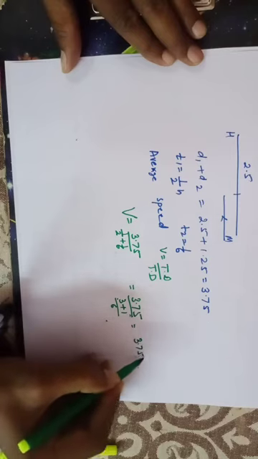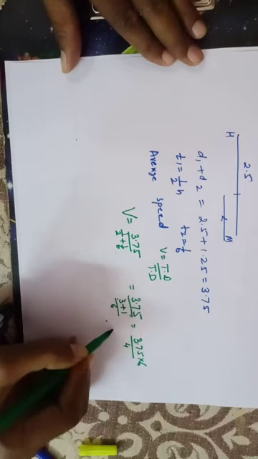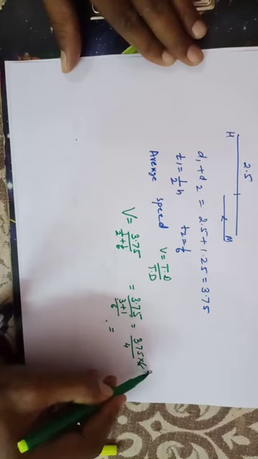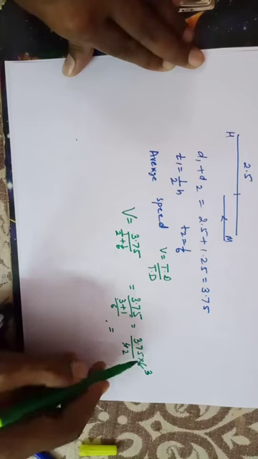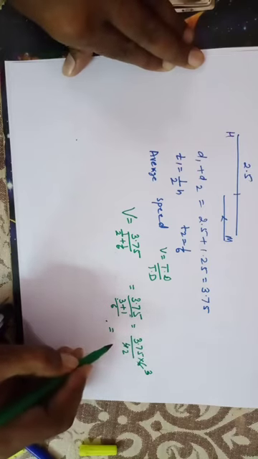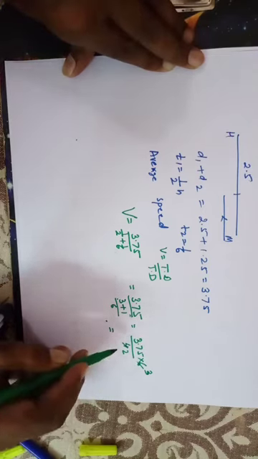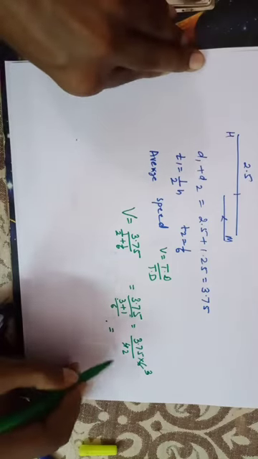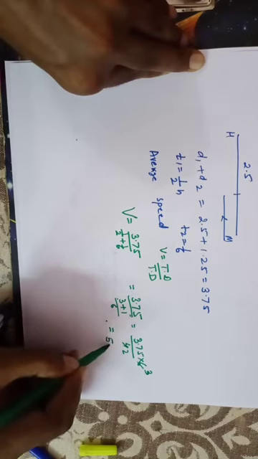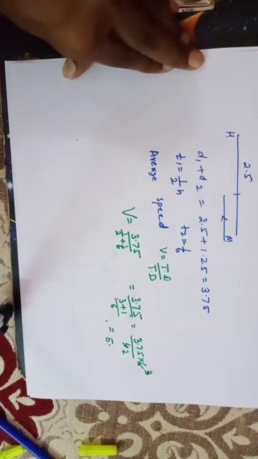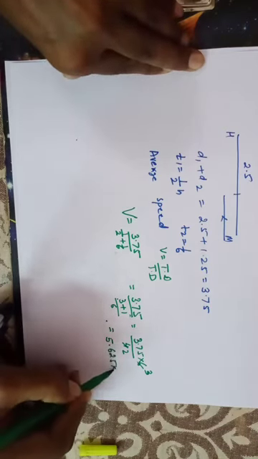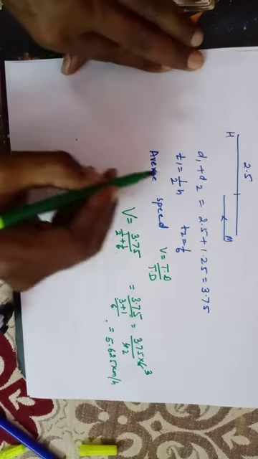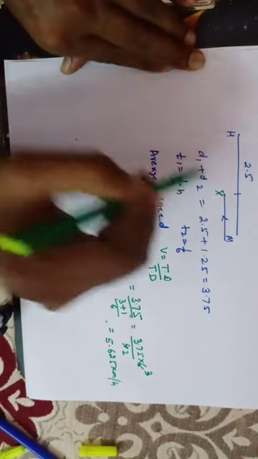So 3.75 into 6 divided by 4. So when you calculate, it will become 5.625 kilometer per hour.